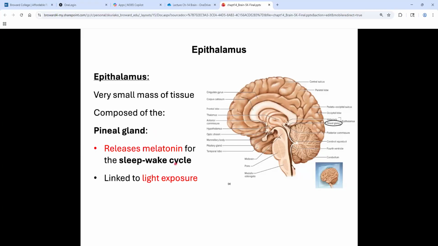I'm sorry, melatonin. Melatonin, okay? Why do you need melatonin? So it makes you feel sleepy when melatonin is released. It's linked to light exposure. So when it is dark, melatonin is released and you go to sleep.